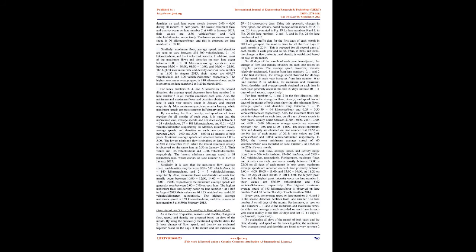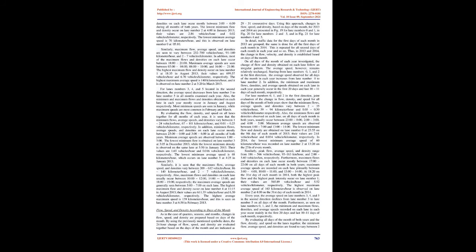Every year, the average speed on lane numbers 3, 4, and 5 in the second direction declines from lane number 3 to lane number 5 on all days of the month. Furthermore, as seen on lane numbers 0, 1, and 2, the minimum and maximum flows, densities, and average speeds recorded on each lane in each year occur mainly in the first 20 days and last 11 days of each month, respectively.